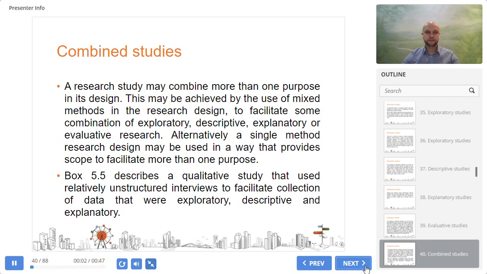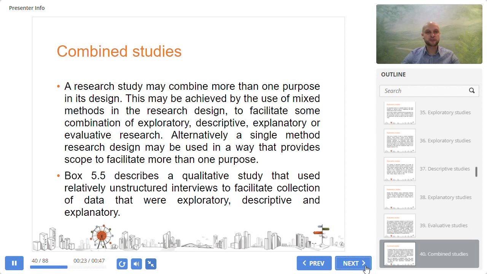Combined studies. A research study may combine more than one purpose in its design. This may be achieved by the use of mixed methods in the research design to facilitate some combination of exploratory, descriptive, explanatory, or evaluative research.